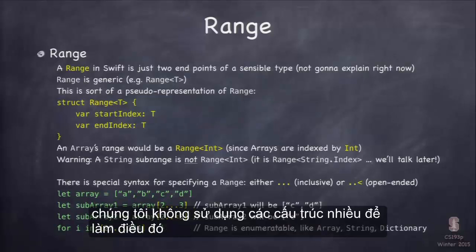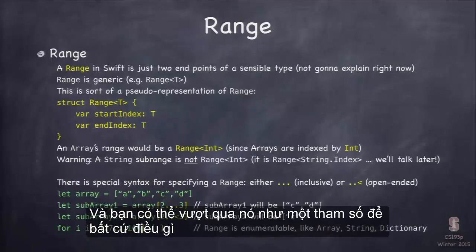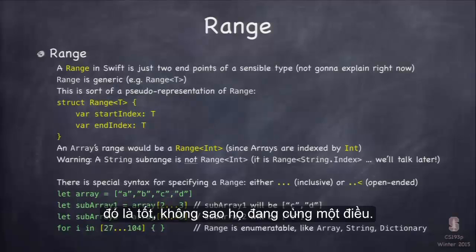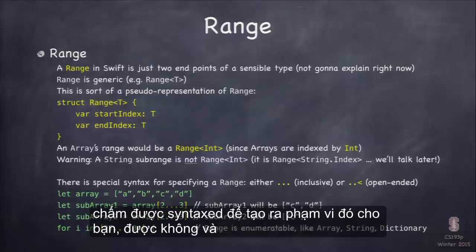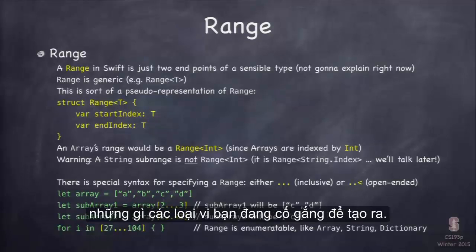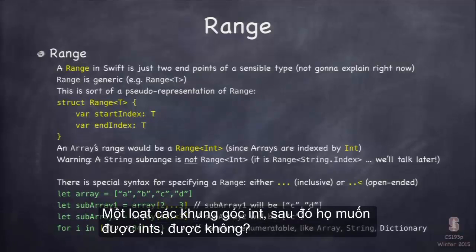99% of the time we don't use the range struct to do it, although you could create a range struct and pass it as an argument to anything that takes these dot dot dots. You could put an actual range in there as well. They're the same thing. The dot dot dots are just syntax to create that range for you. And the things on either side of the dot dot dot depend on what kind of range you're creating. If you're creating an int range, a Range of Int, then they'd be ints.